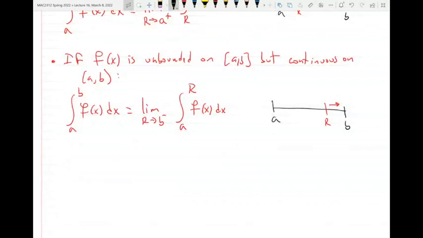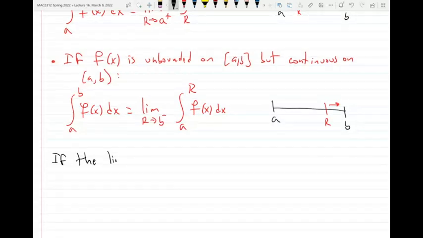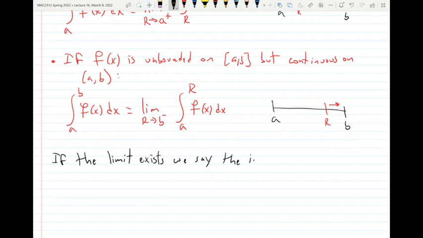Okay, so if the limit exists, we say the integral converges.